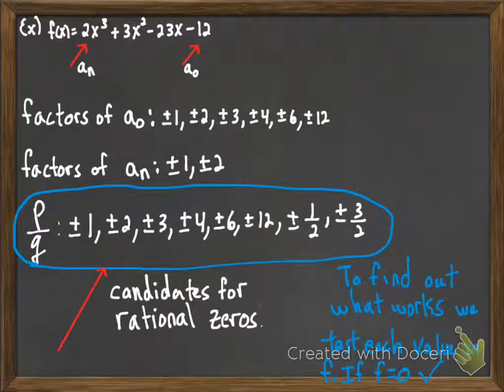If the function gives us 0, then we know that number is a root of the polynomial. And much like we did in a previous video, once we find a root, we can divide it out. So you could put f of x into your table menu and just start evaluating: 1, negative 1, 2, negative 2, 3, negative 3, until you find something that works.